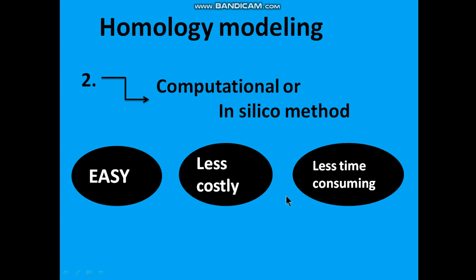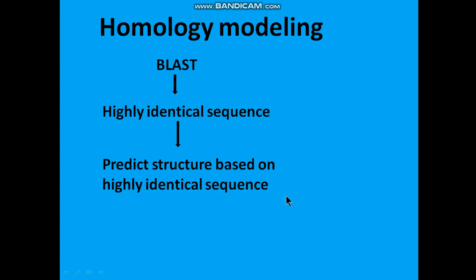So what can we do? Actually we have a BLAST, that means a protein sequence, and we select the highly identical sequence from there, and then based on the highly identical sequence we may predict a structure.